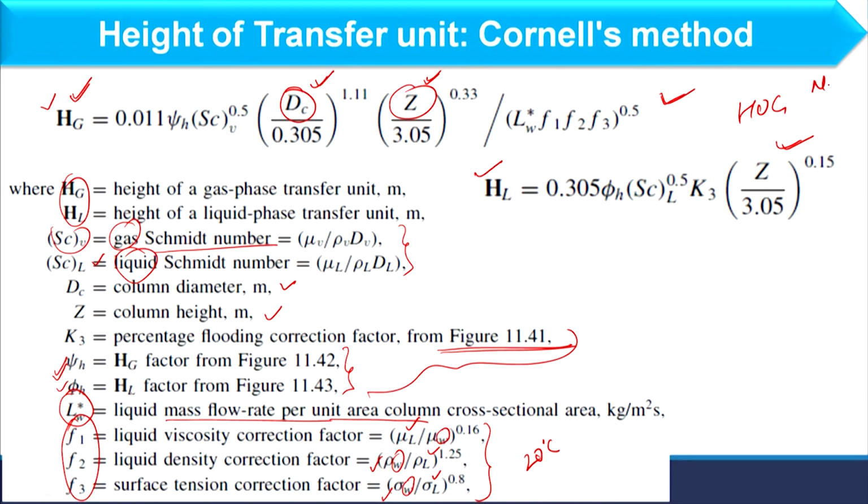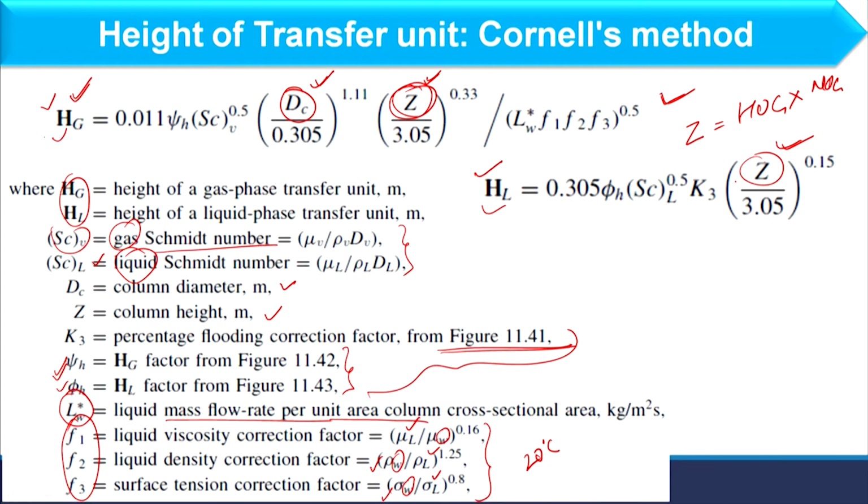NOG you have already calculated, and the multiplication of these will give the Z value. What is the meaning of this? It means that you need to calculate Z based on the Hg and HL values. However, these values require the Z value also. So, this is basically an iterative method.